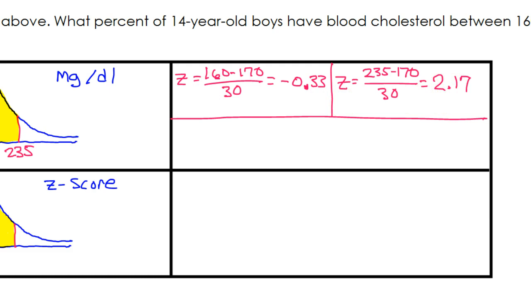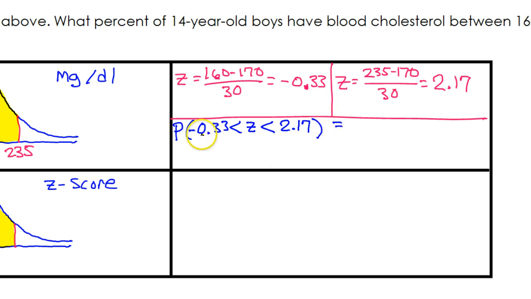So now it's time to write that percentage statement. This is mandatory. So if I want the percentage of z-scores between two numbers, here's how I do it. I start with the smaller one, and I'll say negative 0.33 is less than the z-score, which is less than 2.17.